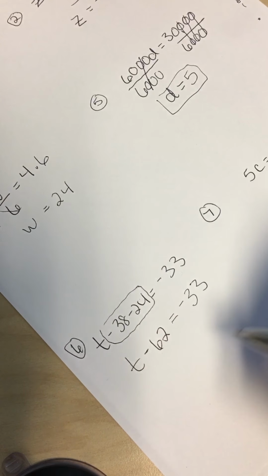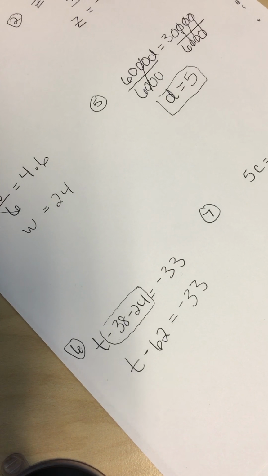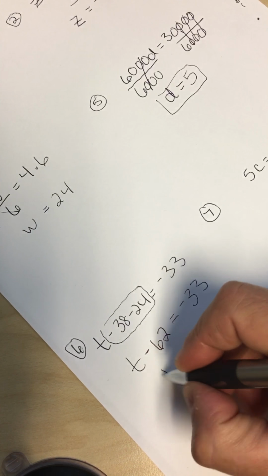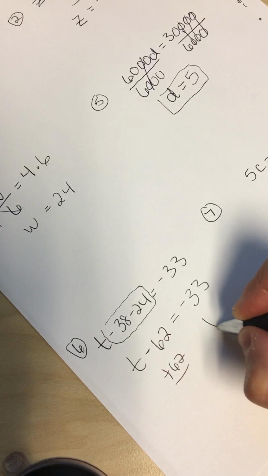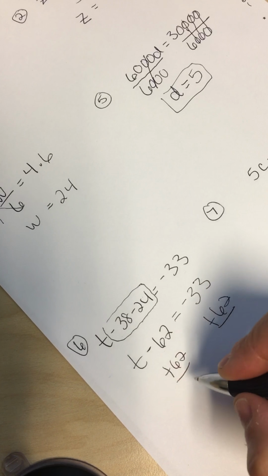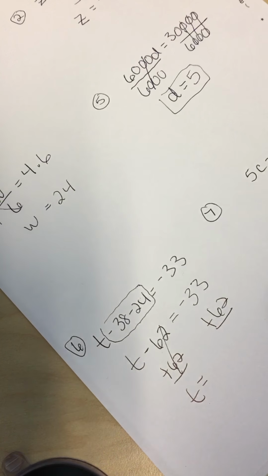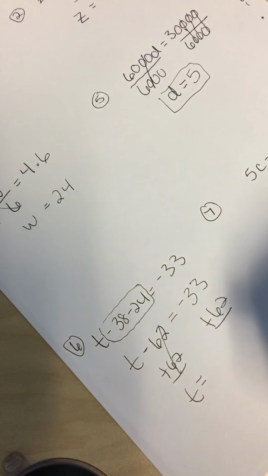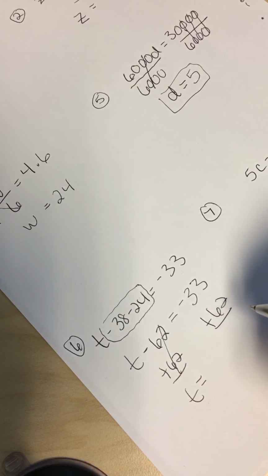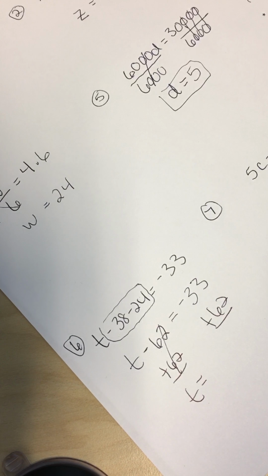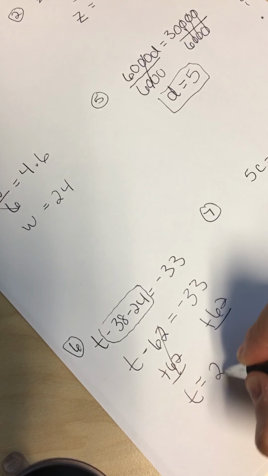Okay, so then I have t minus 62 equals 33. Add 62 to both sides. And t equals 29.